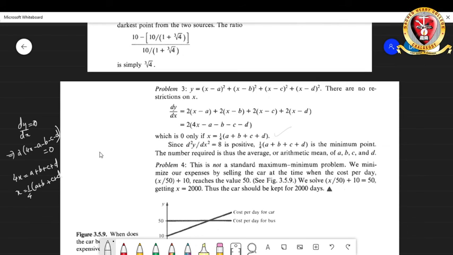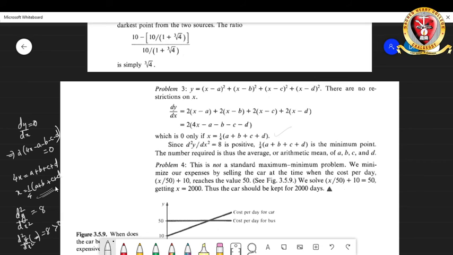And then you can use the second derivative test. So d square y by dx square will be 8. And you know that d square y by dx square at any point will be 8, because it is a constant number. It is strictly greater than 0. That means at the given point the second derivative is strictly greater than 0, so it is a local minimum point.